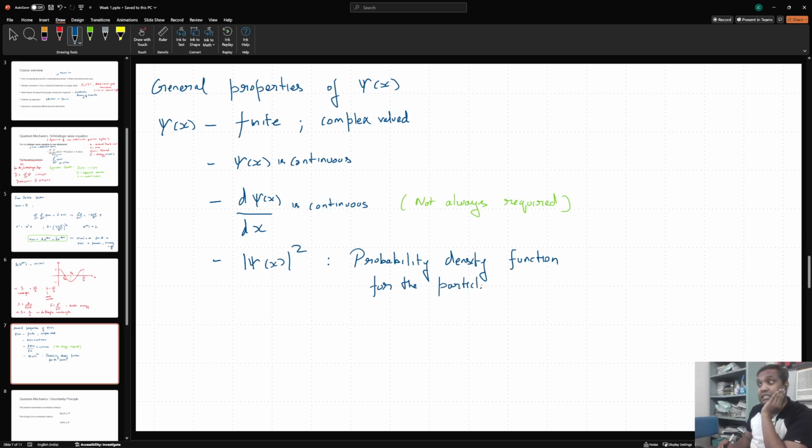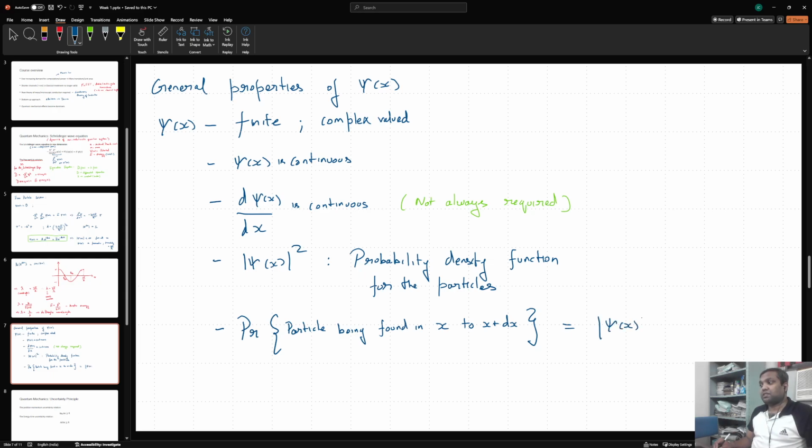It means if I were to define the quantity probability of particle being found in x to x plus dx, it is equal to mod of psi of x squared dx.